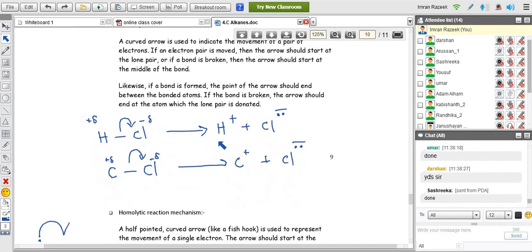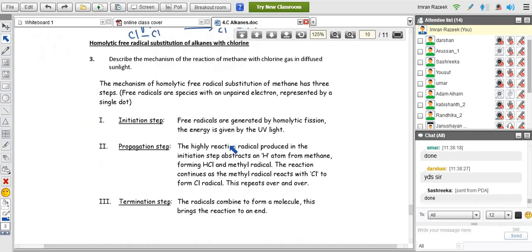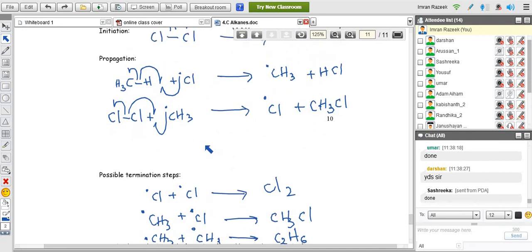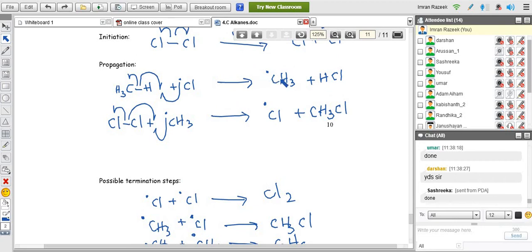Right? Now I explained what happens when one of the hydrogens is substituted. To substitute one hydrogen, you need to have two propagation steps and three termination steps for just one hydrogen, right?